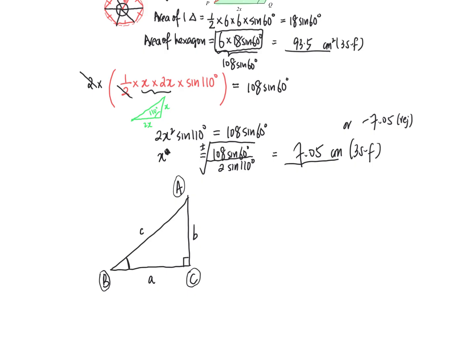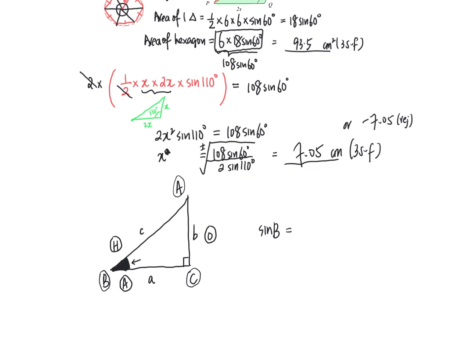Okay, second thing. There is a very fast way for you to find the length without using SOH CAH TOA. You can just memorize it in this way. So if let's say I've identified this angle, so this is H, this is A, this is O. If I want to find sine of angle B, it will be what over what?